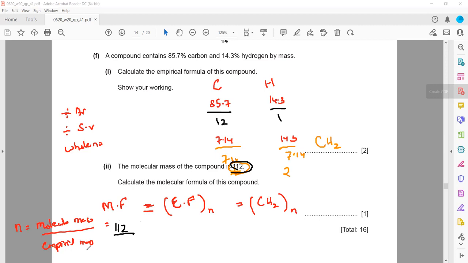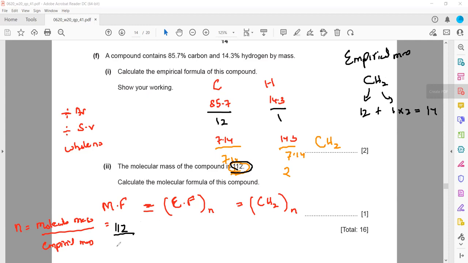But how to get the empirical mass? You use the periodic table. For CH2, carbon is 12 and hydrogen is 1, and there are 2, so 12 plus 2 makes 14.